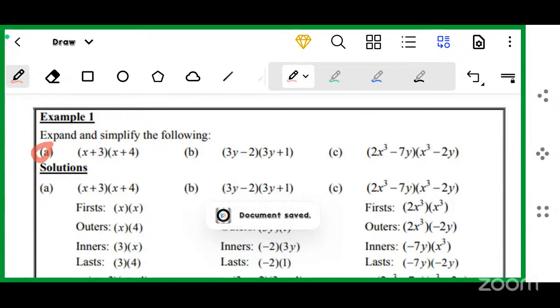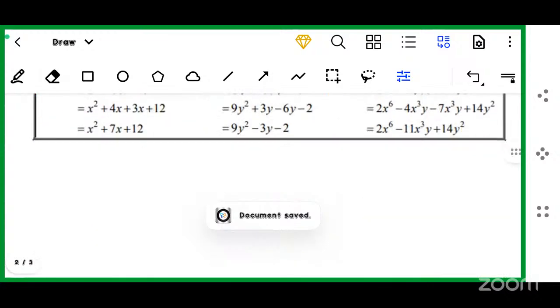So in the example there, we're dealing with this part. They stated that their firsts, which ones are the first? The first two here, right? So you firstly multiply the firsts, which are the x's. So let me just write it down for you down here.